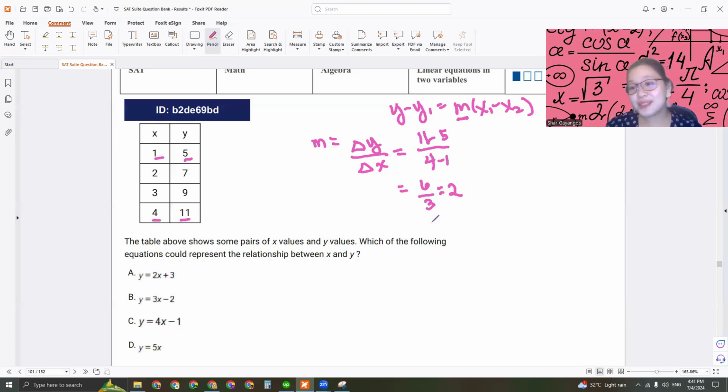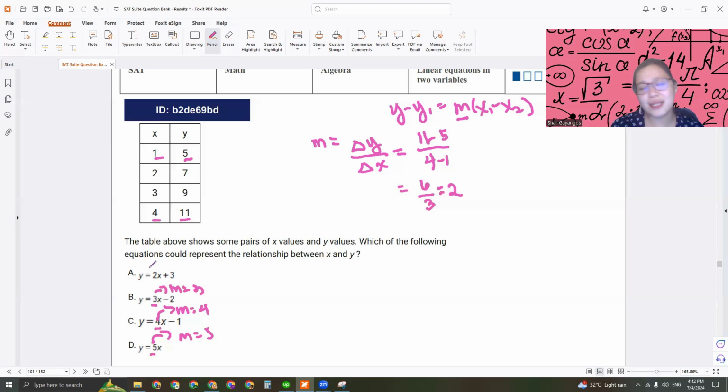I can actually stop here. Do you know why? Because from these equations, I want you to see the slope here is equal to 3, the slope here is equal to 4, and the slope here is equal to 5.